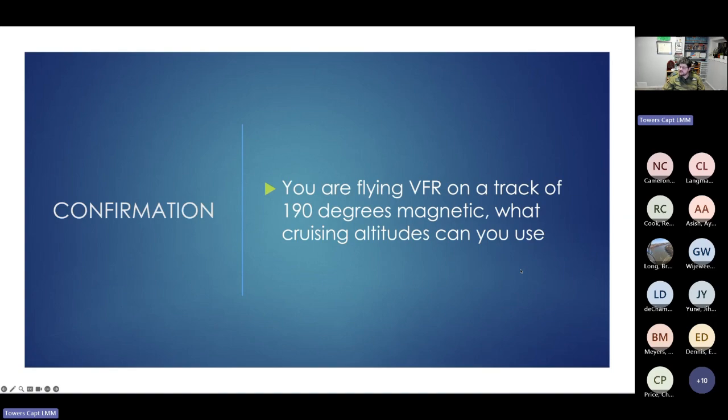Exactly. We're flying west, so it's 4,500, 6,500, 8,500. So those even thousands plus 500. And if you were flying east, so if let's say we were flying 170 degrees magnetic, odd thousands plus 500 feet.